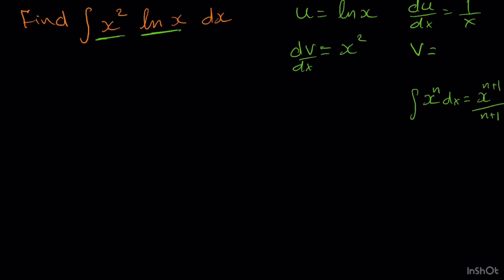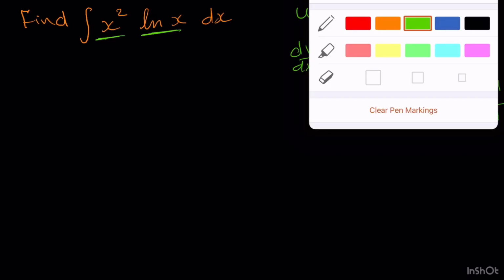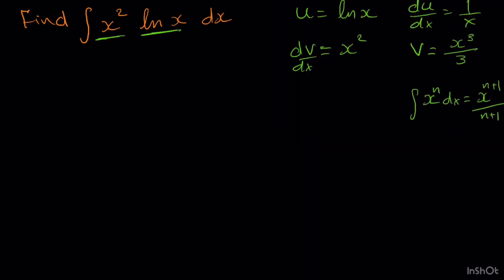So in this case, the integration of x squared is going to be x cubed divided by 3. Okay, so now we have them all. We apply the rule: u times v minus integral of v du.